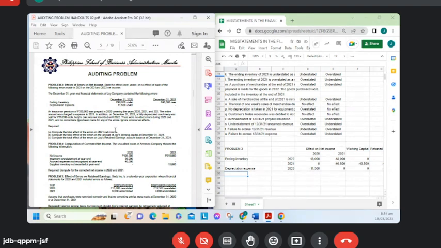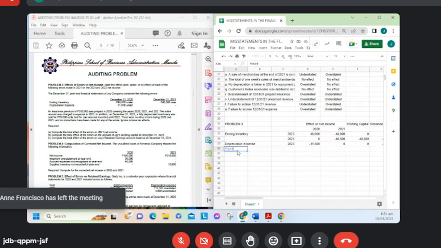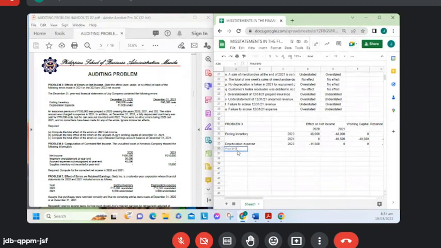In addition, on December 31, 2021, a fully depreciated machinery. So, iba na yan. So, let's put here insurance premium.